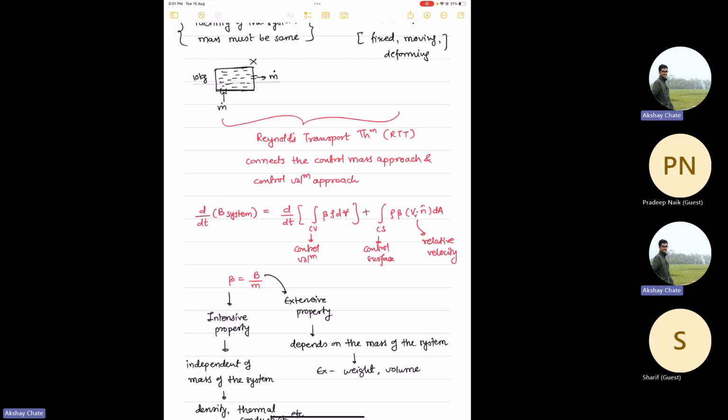And the second term, which is the control surface integral, basically signifies coming in and going out. So in case of conservation of mass, you can say the second term is like inlet and outlet ports, and the control volume integral signifies the mass of the system, whether it is increasing over time or decreasing. You can understand it that way.